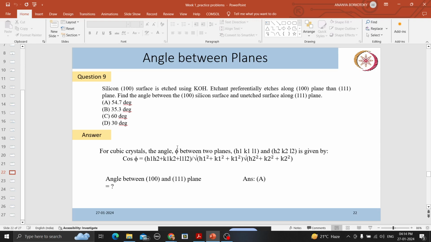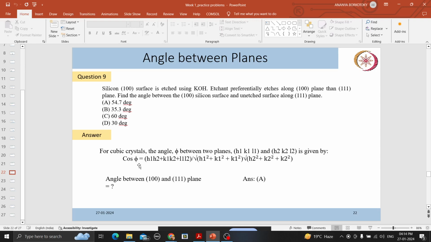We know how to calculate the angle between two vectors, right? A dot b is equal to ab cos theta. That is actually the formula being used here. Because these planes and the directions are perpendicular, we are calculating the angle between these directions.